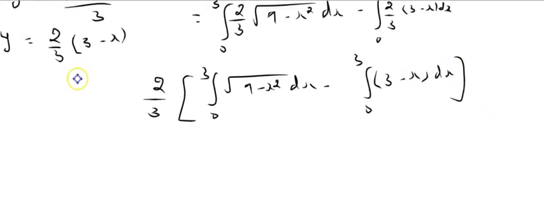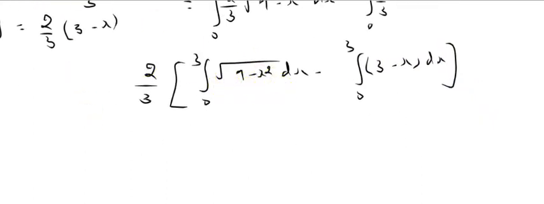Now this is of the form root of a squared minus x squared. The formula is x by 2 root of a squared minus x squared plus a squared by 2 sine inverse of x by a.